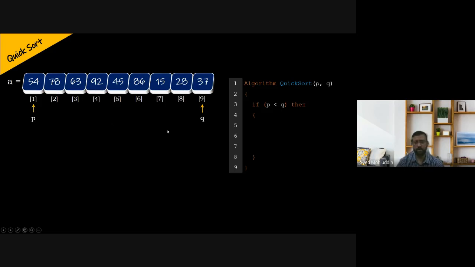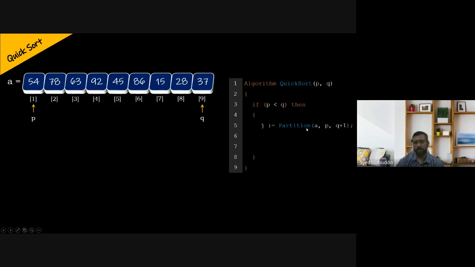If this is true, that means there are elements which need to be sorted, certain elements which have to be partitioned. So if this is true, then we perform partitioning, passing array A, p as the index of the first element. Here q was the index of the last element, but since we assume and add an element at the end, we pass the index as q plus 1. That is, if there are n number of elements, we pass the index as n plus 1.